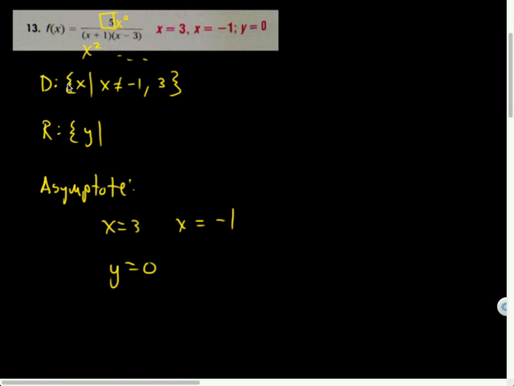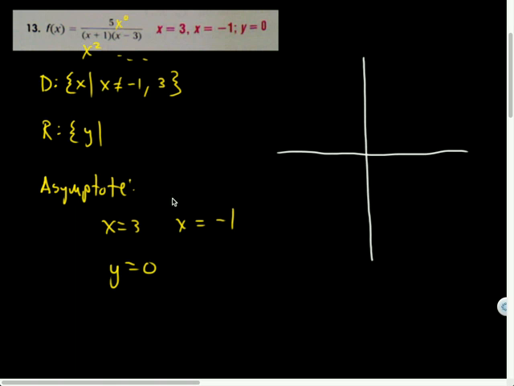And that's what happens when it's a tie for the degrees. So the range, I would expect, likely y cannot equal 0. However, I can't quite guarantee that because sometimes some weird stuff happens in between here.